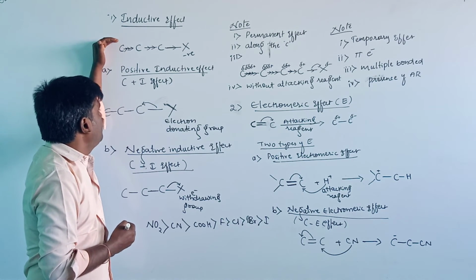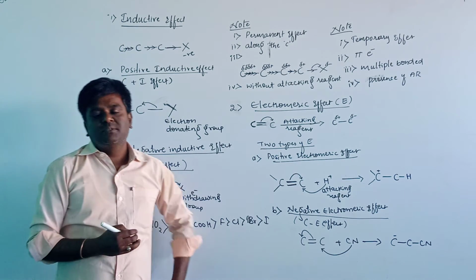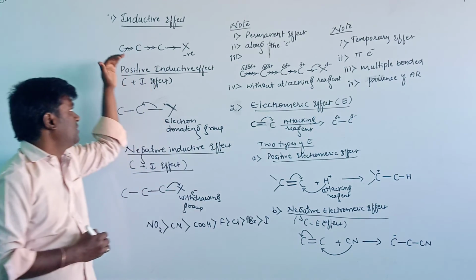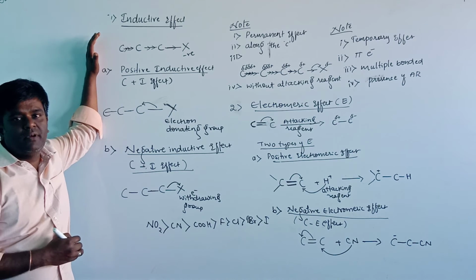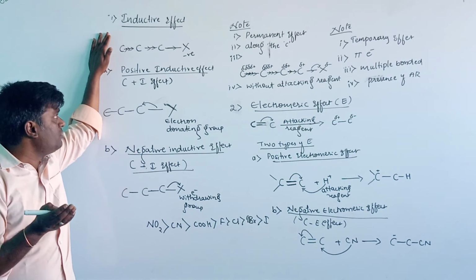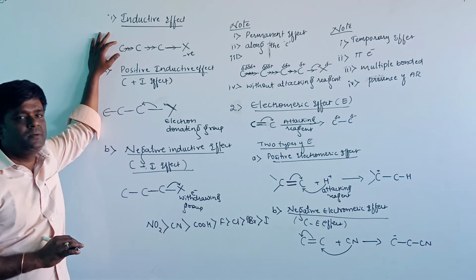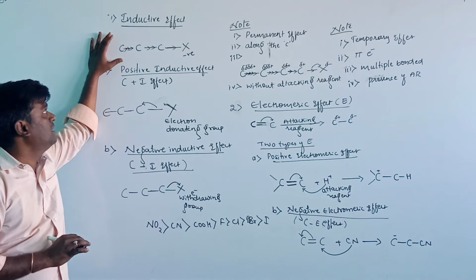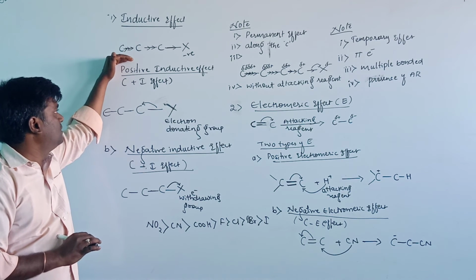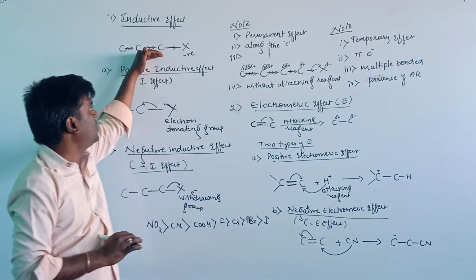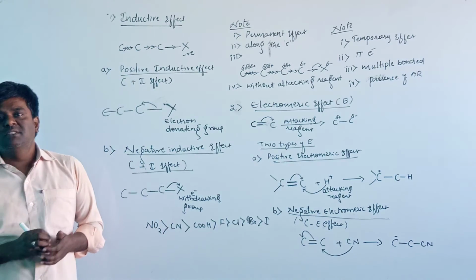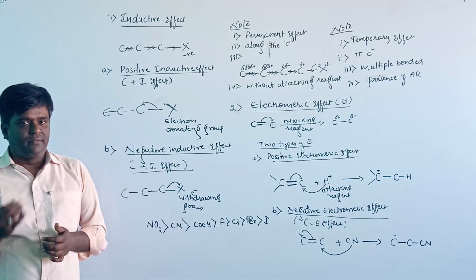Okay, once again I will repeat here. Electron displacement effects are mainly four types. I am taking here the inductive effect first. Inductive effect means the displacement of electrons takes place along the carbon chain towards the more electronegative species attached to the carbon chain.